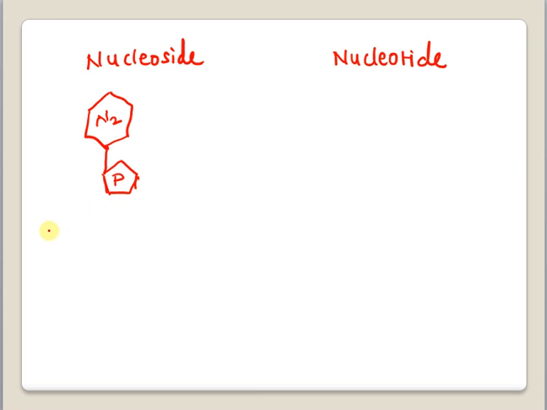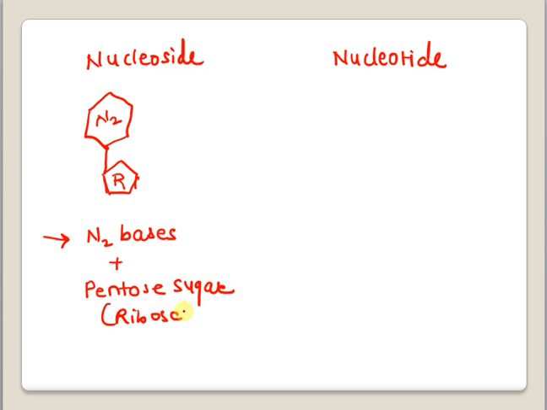That means the nucleoside is made up of the nitrogenous base, plus the pentose sugar. Here I am writing this is the ribose sugar, and ribose sugar is the pentose sugar.